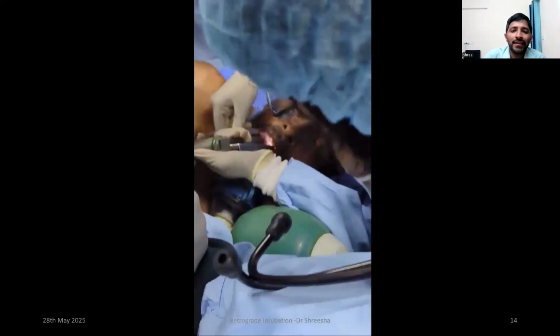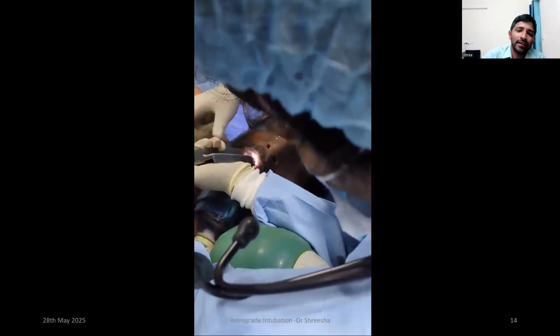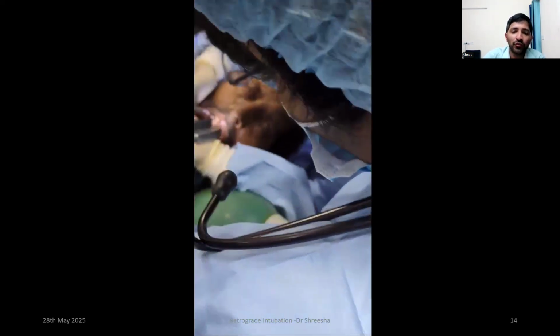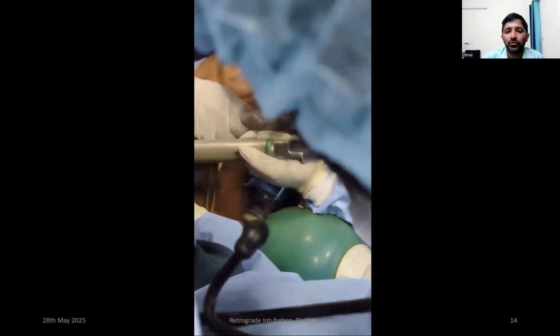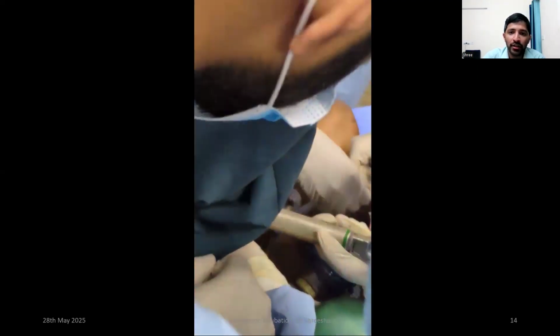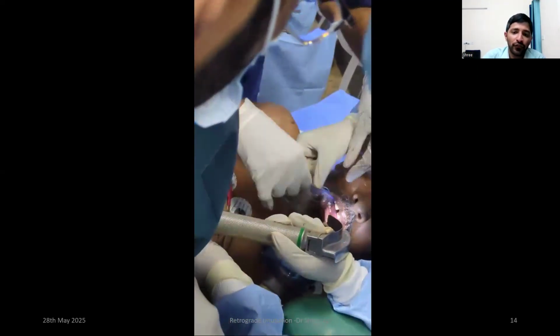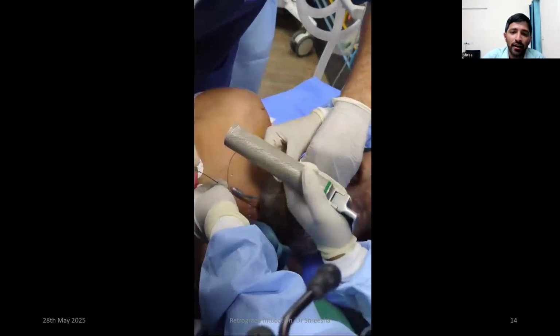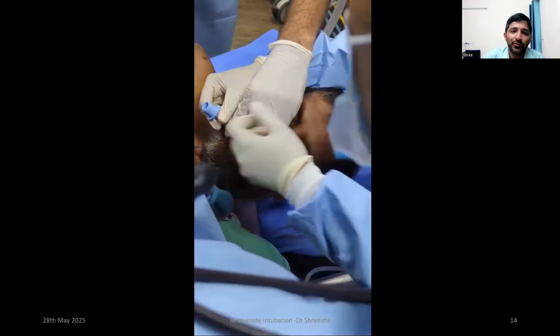So in this scenario, the best technique obviously would be to use a fiber optic laryngoscope or a fiber optic bronchoscope. However, at that time we didn't have a flexible fiber optic bronchoscope in our emergency department, and after this particular situation, we actually convinced the department to get one.